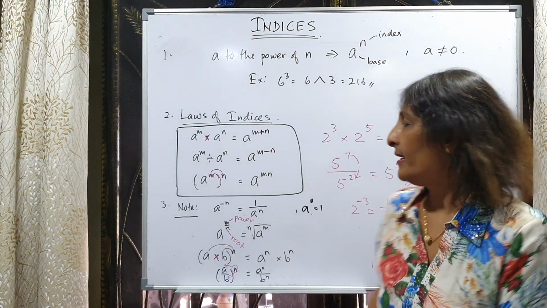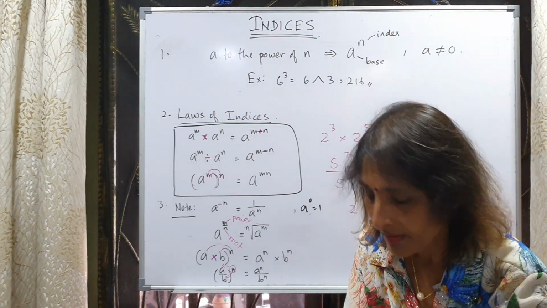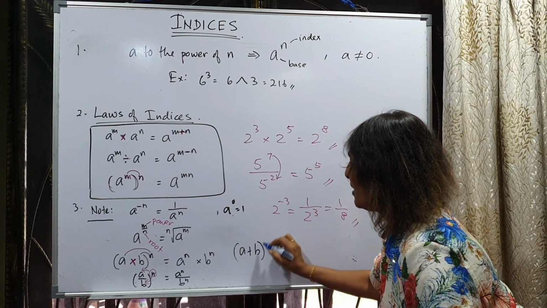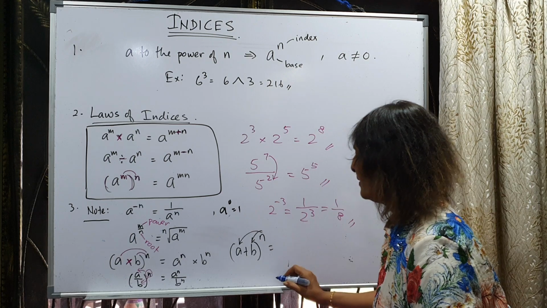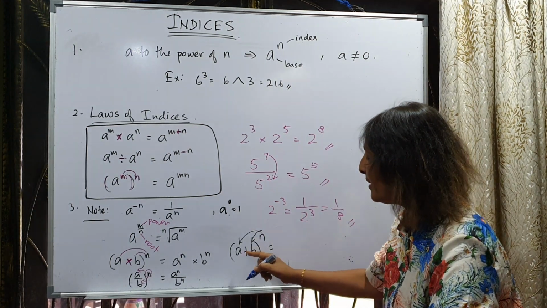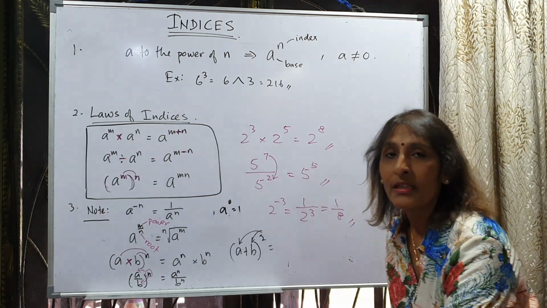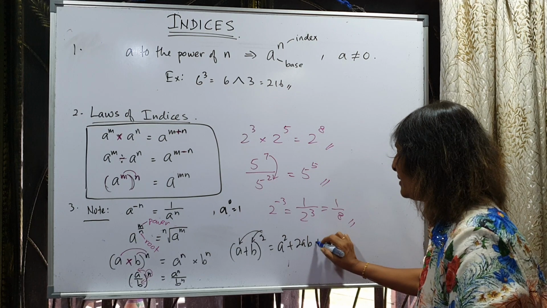But let's say you have a plus b, all to the power n. Can the power go in like this? Cannot. If you have a plus b to the power 2, you have to do the expansion: a squared plus 2ab plus b squared.